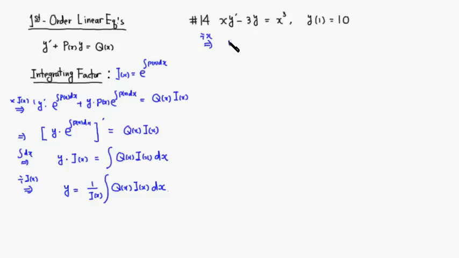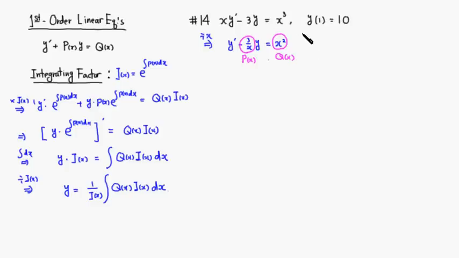So this is y prime minus 3 over x times y is equal to x squared. Here, this is our p of x, and the right hand side, x squared, is our q of x.